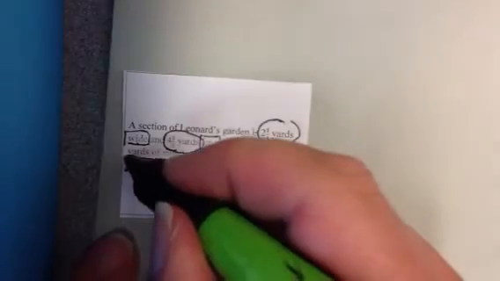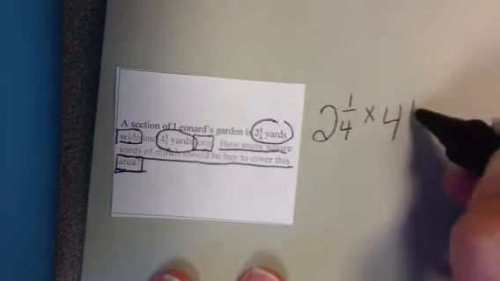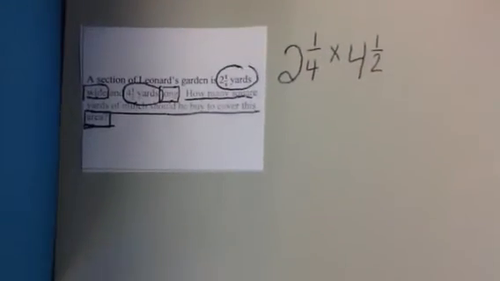I have a width and a length, and I'm trying to find area. Area problems, when it gives me a width and a length, and I have to find what comes inside of it, that's multiplication. So my problem is 2 1/4 times 4 1/2. So what strategy am I going to use to solve this?